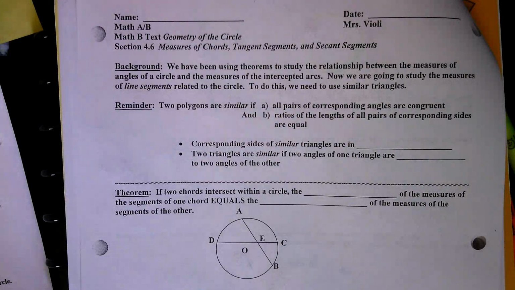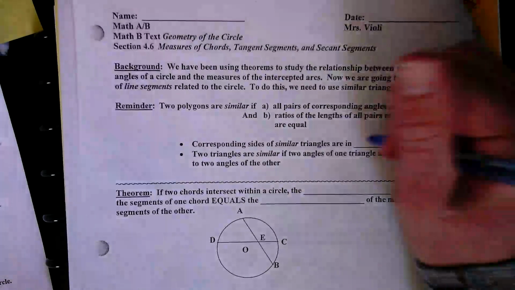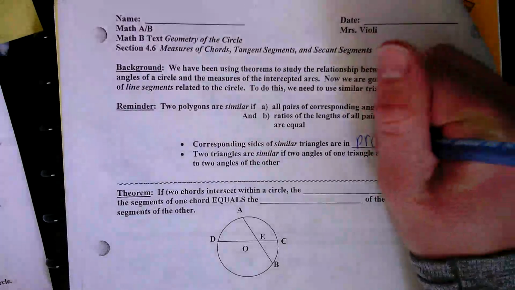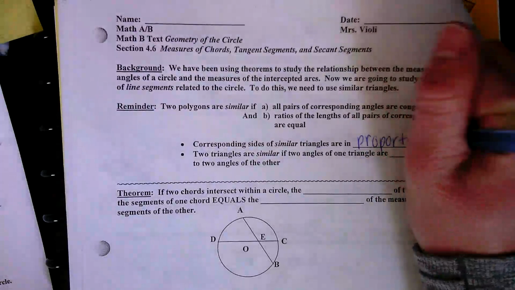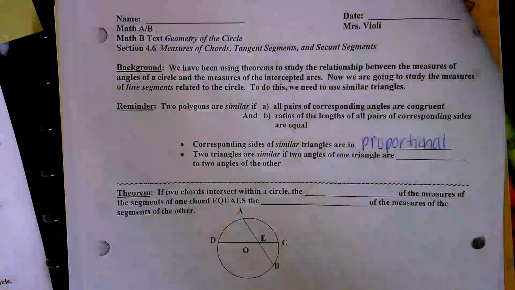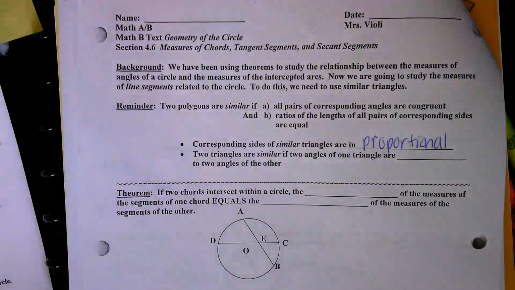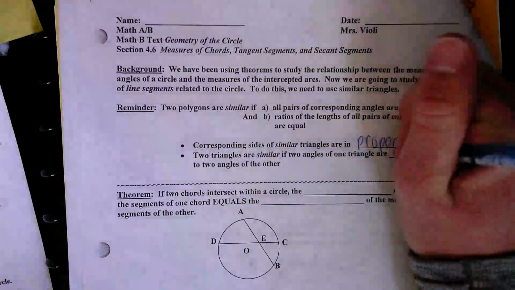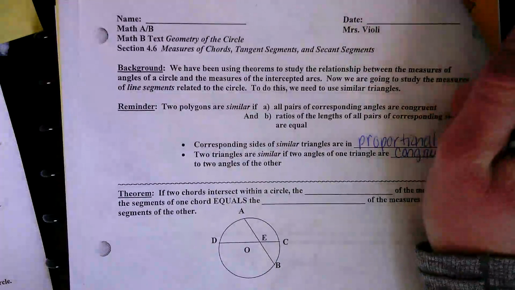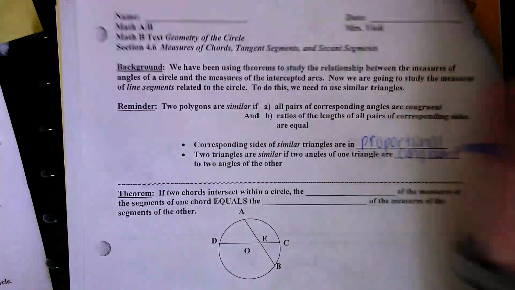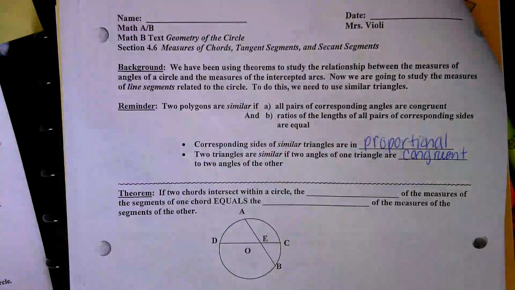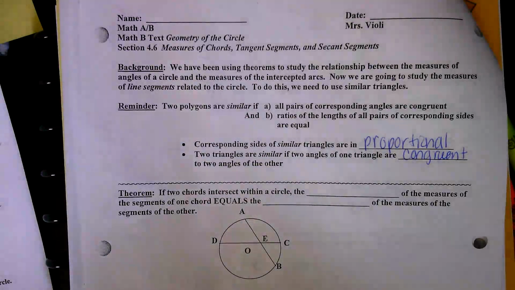Corresponding sides of similar triangles are proportional to each other. And two triangles are similar if two angles of one triangle are congruent to two angles of the other.